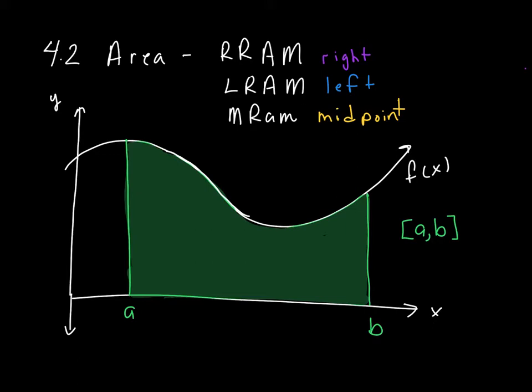So I'm going to put my rectangle here, and we're going to call this point x1, with this point on the graph being x1 and f of x1.